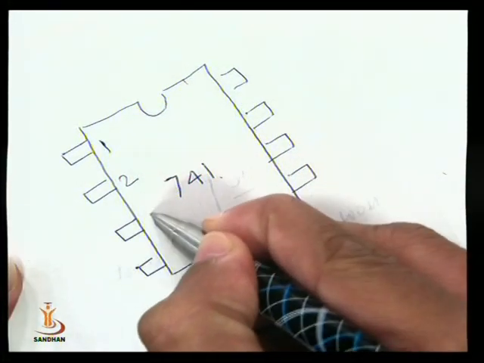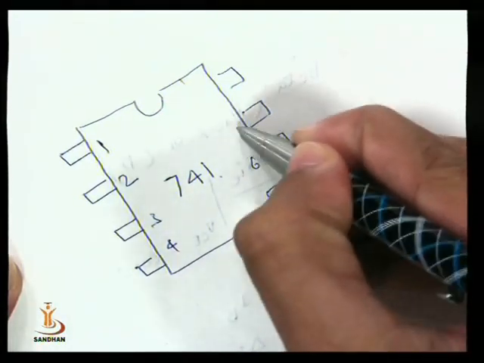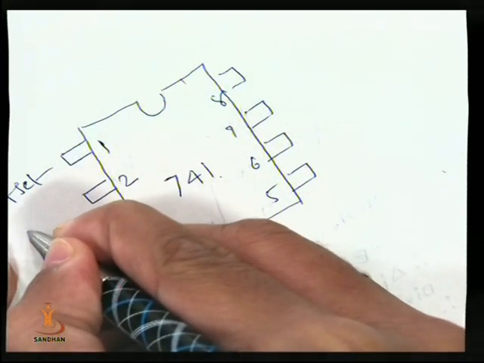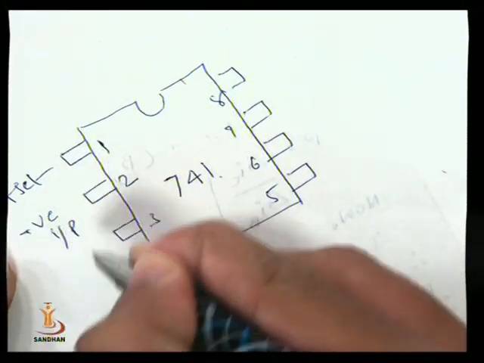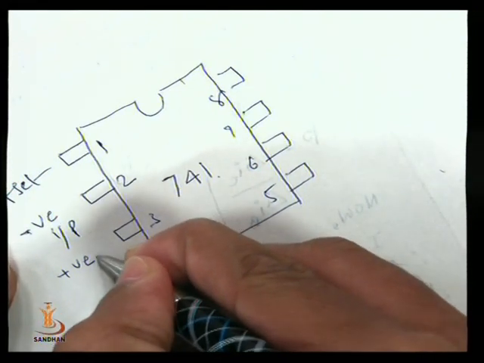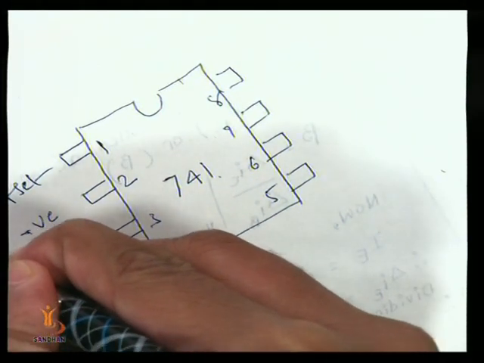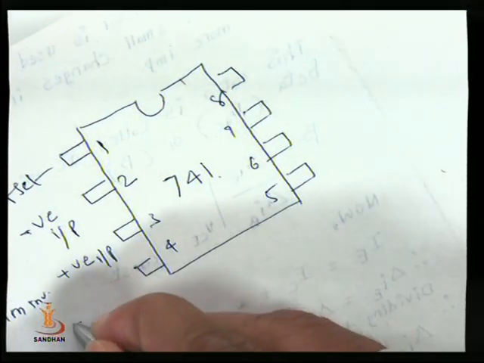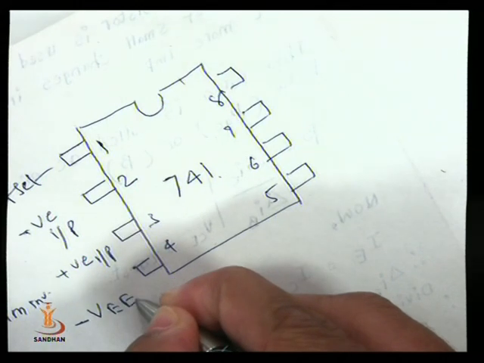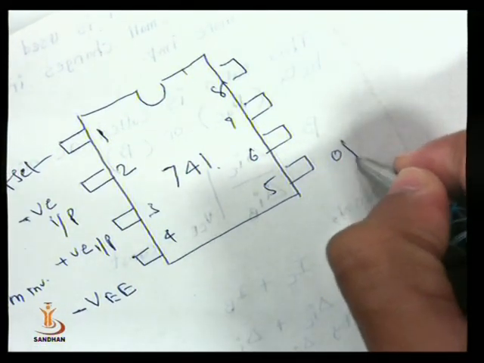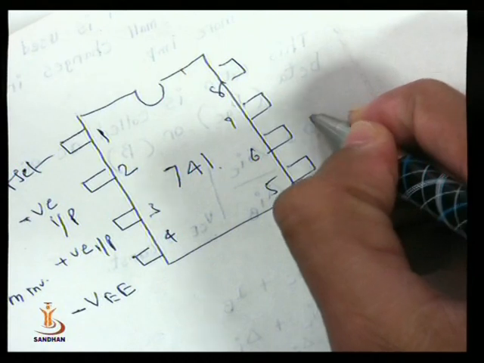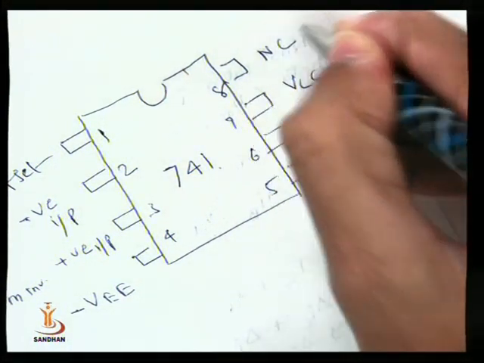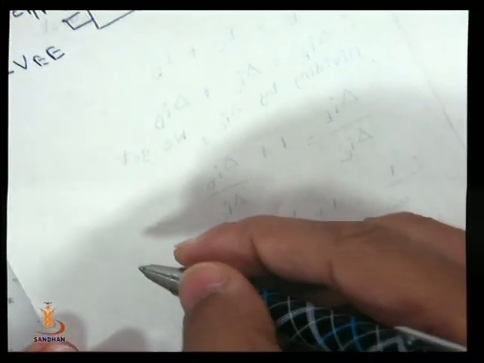This one is for the offset, is the negative input, is the positive input, inverting terminal, non-inverting terminal. Here is the negative VEE, is for the offset again, is for the output, is for the VCC, and terminal number 8 is not connected. So this is the pin configuration of the IC 741.